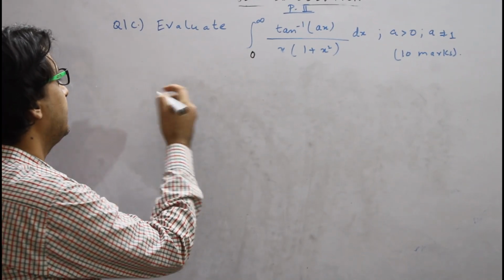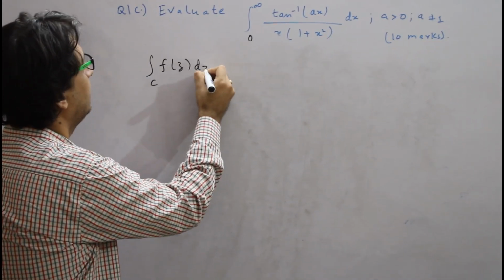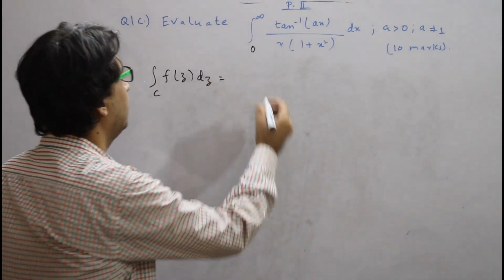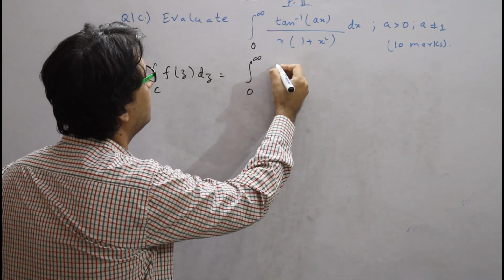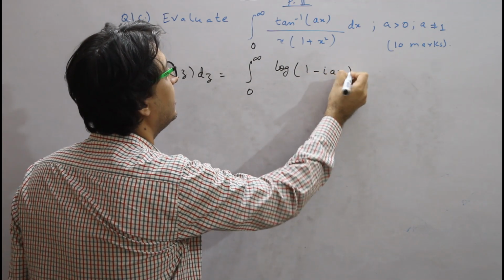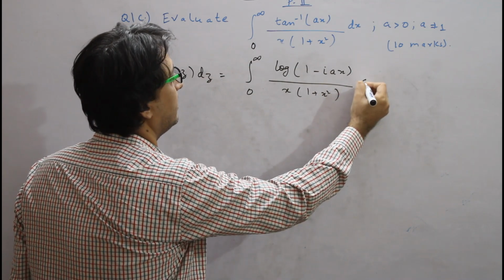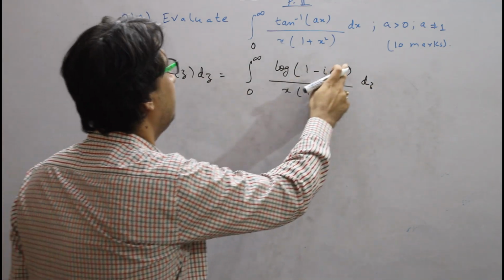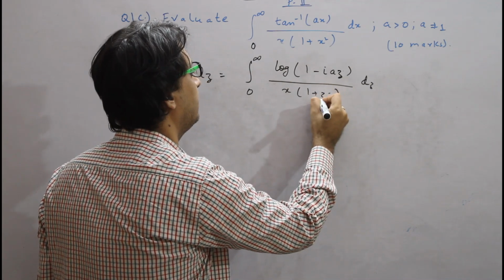So this is a contour integral, and we can write this as the integral from 0 to infinity of log of 1 minus i a x divided by x plus 1 plus x square. Since I am talking in terms of z, I will replace it with z. That's not a problem.